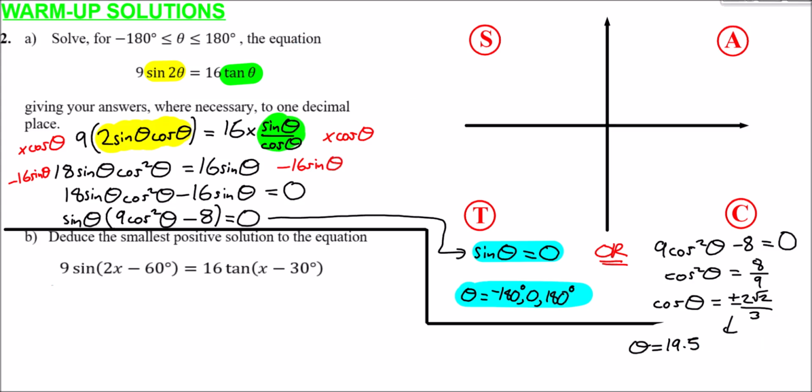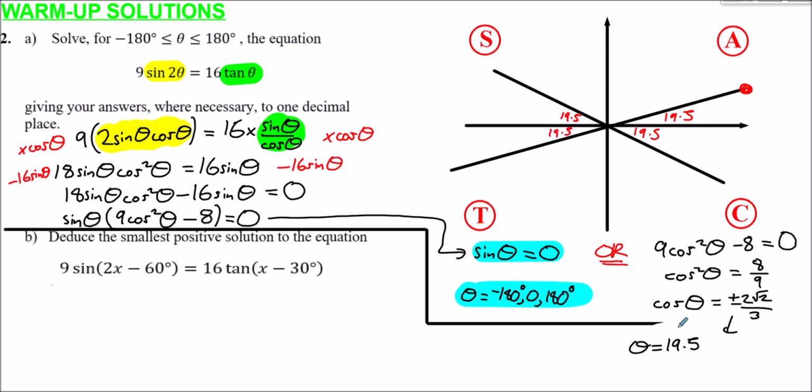So 19.5, if we just use a cast diagram, then what I can say here is 19.5 will be there. So call that 19.5 each way round. So theta could be 19.5.